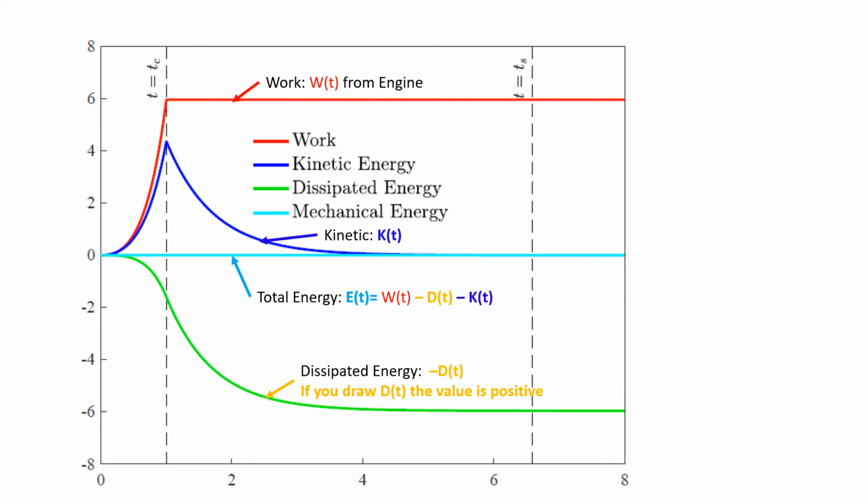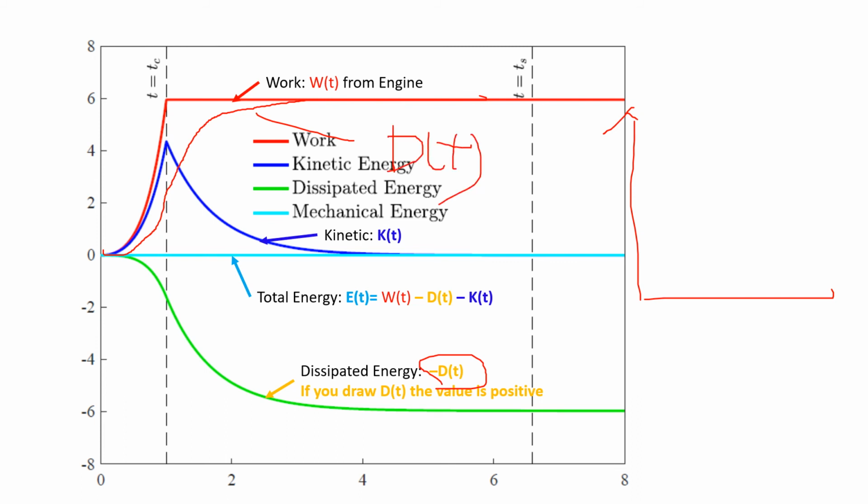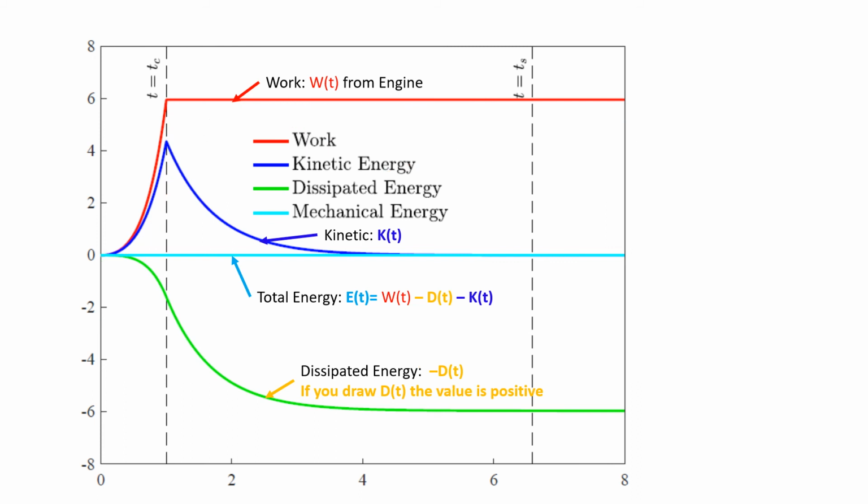So the solution should look like this one. The work W, and the minus Dt. You can draw the minus Dt or draw the Dt, it will be fine, but it should be Dt, not minus Dt. Okay, you need to be careful. So you should put the correct legend here, and the kinetic energy will be this one, and the Et should be Wt minus Dt minus Kt.